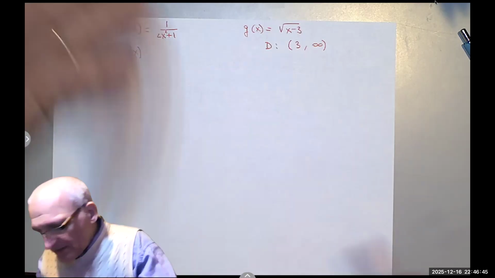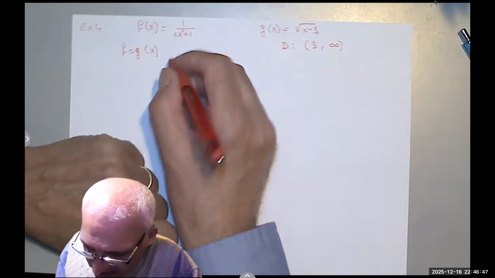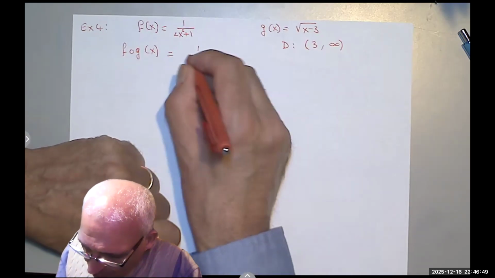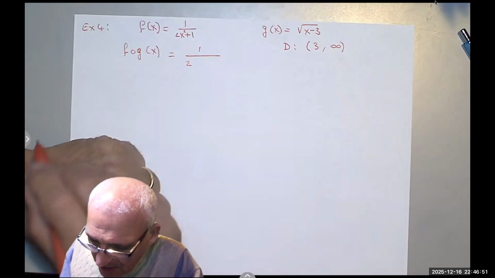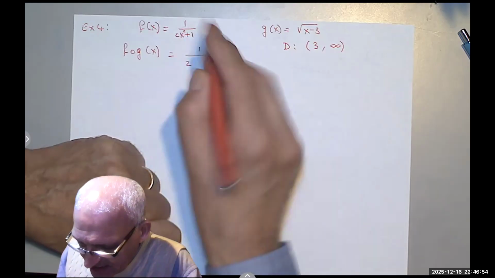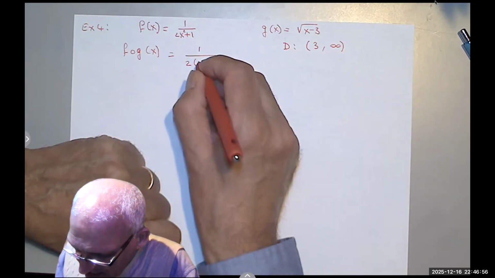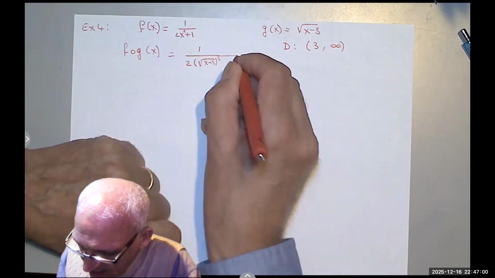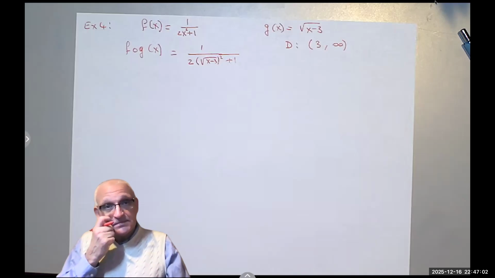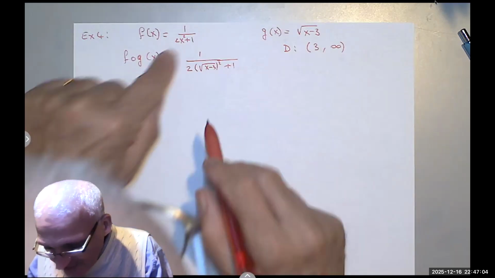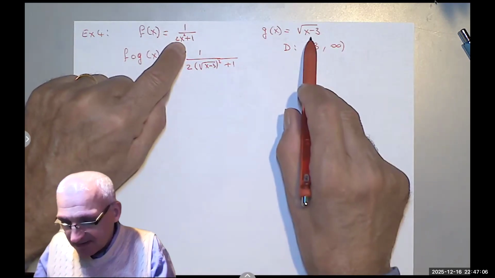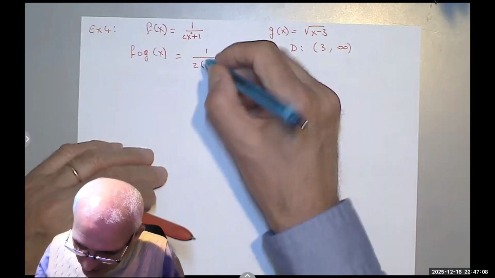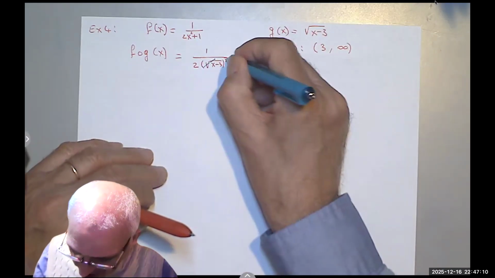Okay, so now let's go there and see what happens. 1 over 2. Oh, I have x and it's x squared. X is the square root of x minus 3, quantity square, plus 1. Again, I took every x and replaced it by that. And like we said before, the square root and the square cancel each other.